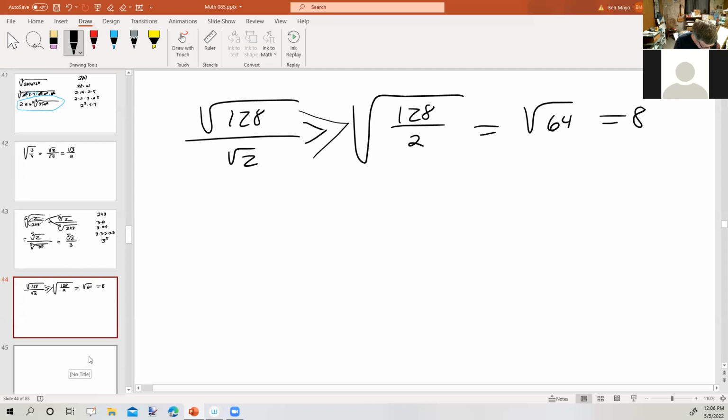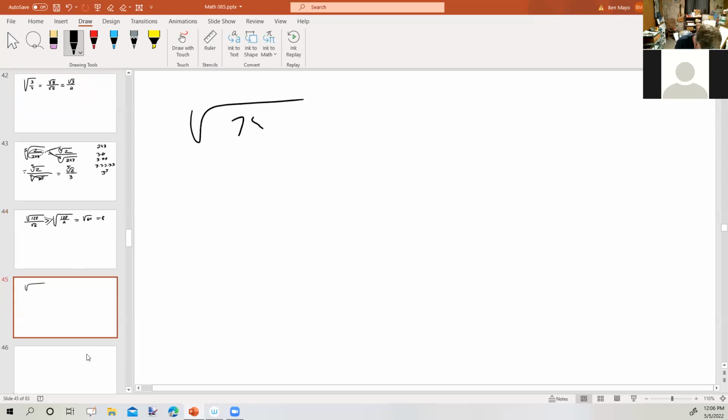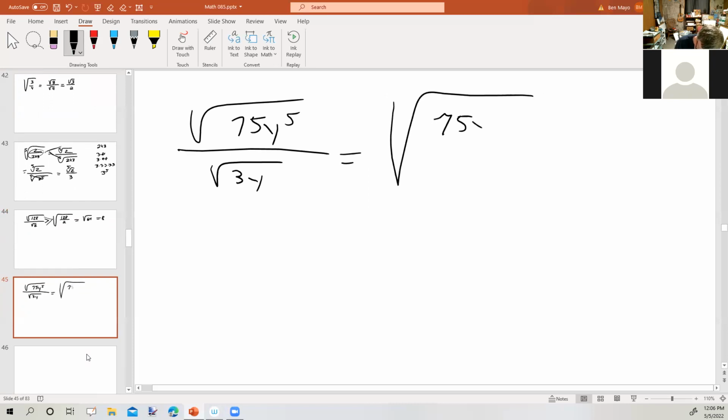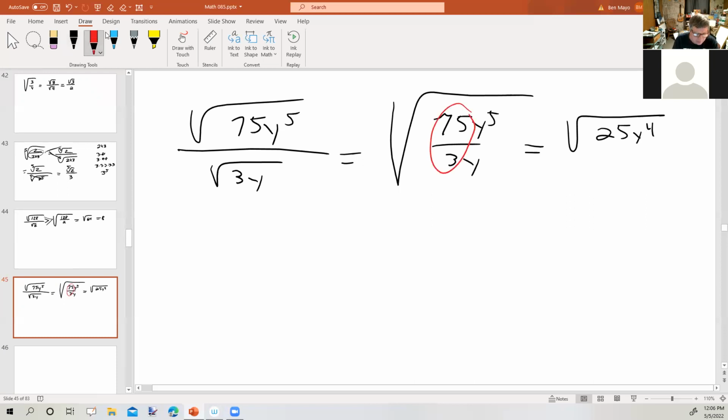All right, let's say I've got the square root of 75y to the 5th over the square root of 3y. Well, that's the square root of 75y to the 5th over 3y, which is the square root of 25y to the 4th, because 75 over 3 reduces to 25. Y to the 5th divided by y to the 1 is y to the 5 minus 1, or y to the 4th power.